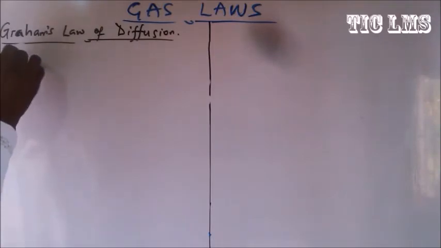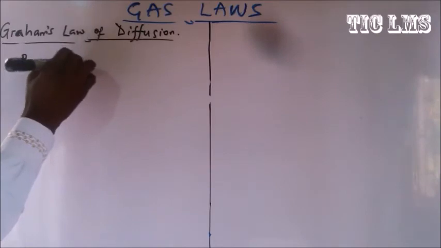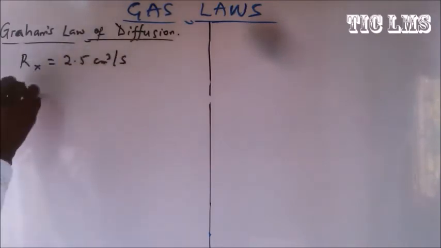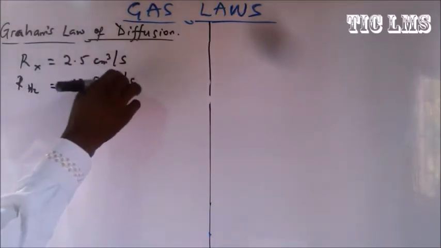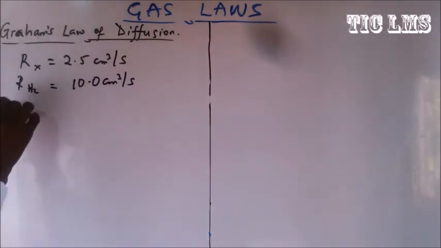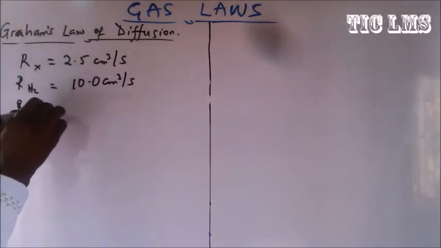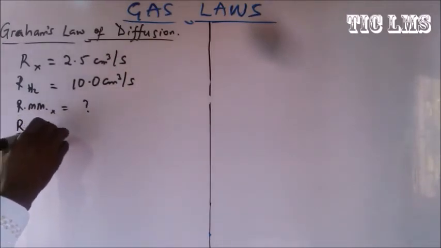And in the question, we're given the rate of diffusion of X as 2.5 centimeter cube per second. We're given the rate of diffusion of hydrogen, which is 10.0 centimeter cube per second. And next, what we need to get now is the relative molecular mass of gas X. But can we find the relative molecular mass of hydrogen?